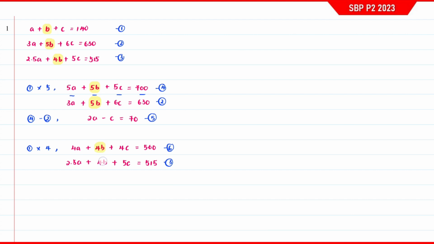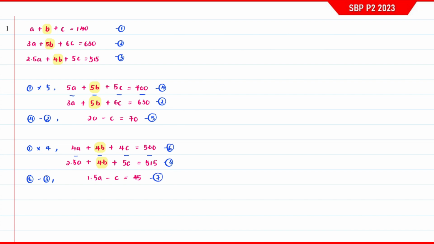To eliminate the 4B in equations 6 and 3, I'm going to use equation 6 minus equation 3. So here we're going to get 1.5A minus C equal to 45. And this will be our equation number 7.